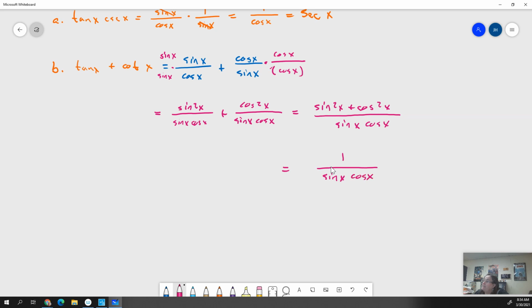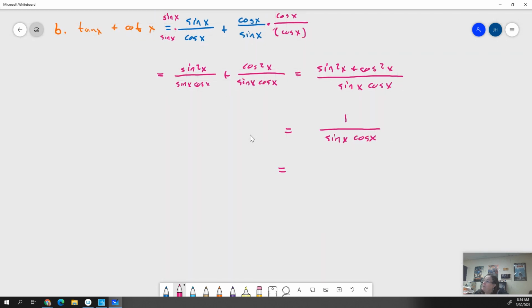That is the same as saying 1 over sine of x times 1 over cosine of x. 1 over sine of x is just cosecant of x. 1 over cosine of x is just secant of x.